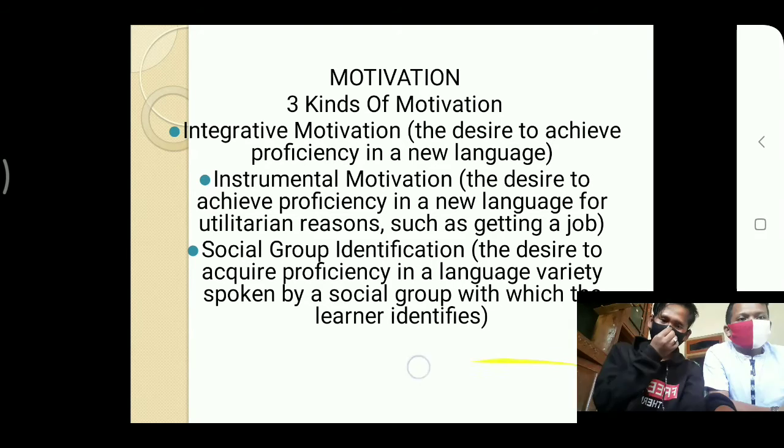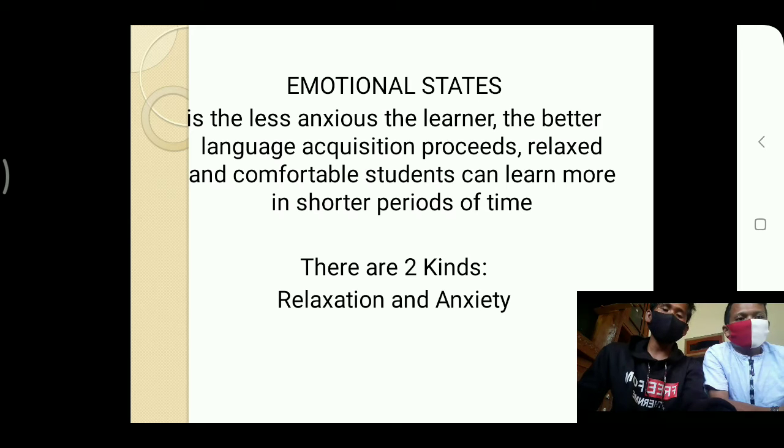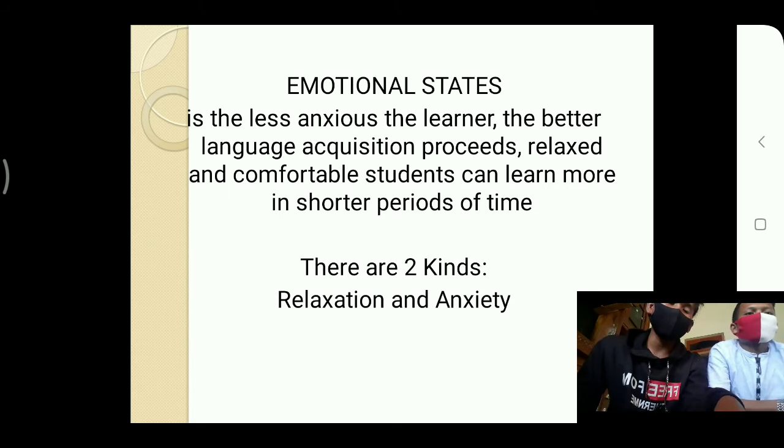The next is about emotional state in the filter. What is emotional state in the filter? The first in emotional state is relaxation and anxiety. As we know, the lower the anxiety of the learner, the better the language acquisition process.